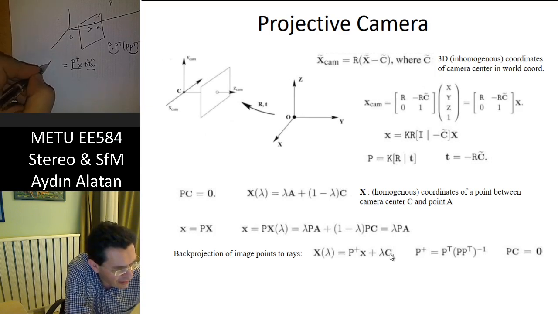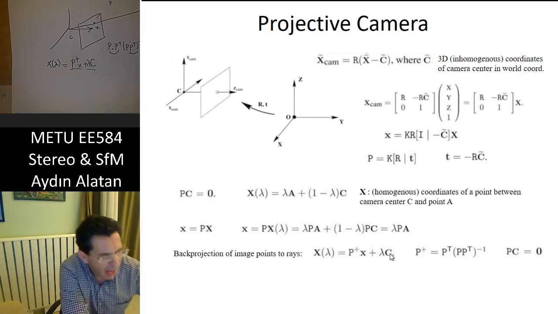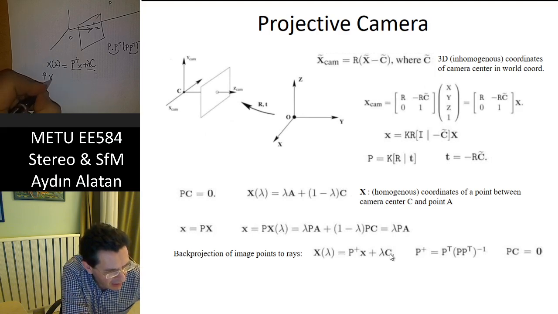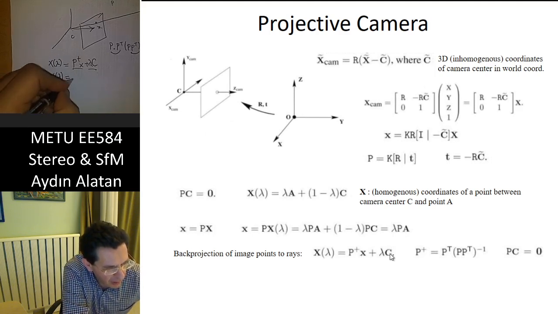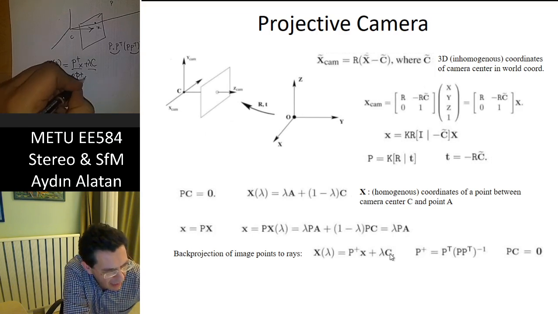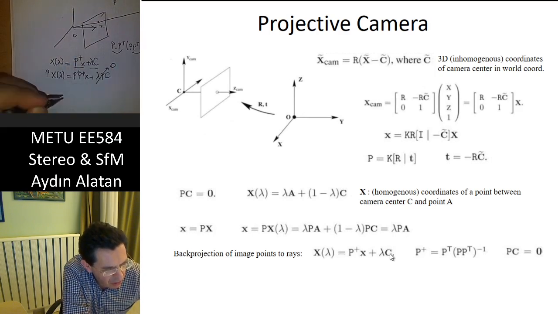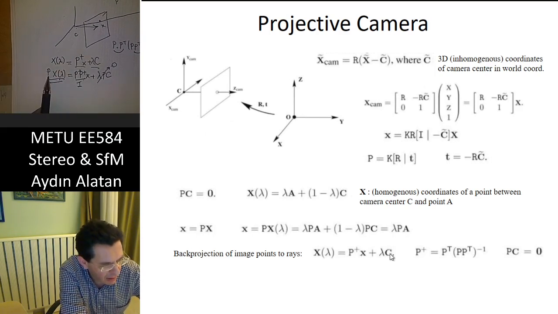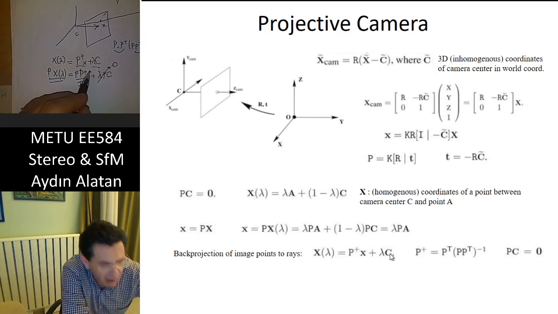Now I realize this. If I call this X lambda, I hope everybody is seeing this fact. If you multiply left and right this 3D point, P times (P plus x plus lambda C), the P times C term is equal to 0, and P P plus is equal to identity. This is nothing but the x point projected by P, giving us the result x.